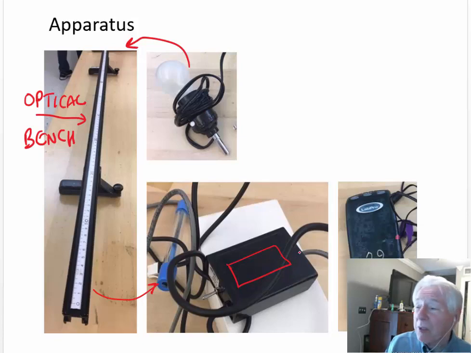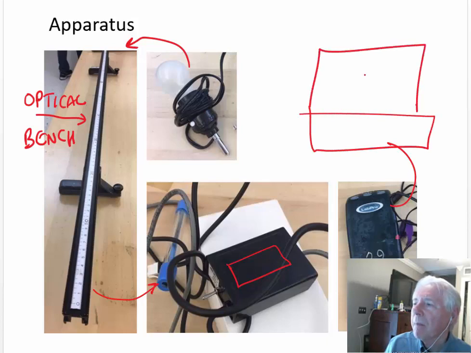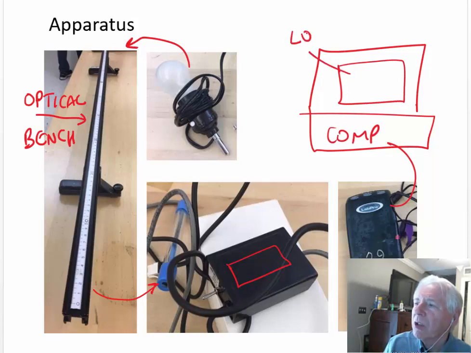The next piece of equipment we send it to is a Vernier Lab Pro. It's basically a digitizer. It takes a signal and makes it into a digital signal, which can then be sent through to a computer. And that's going to run a piece of software called Logger Pro.